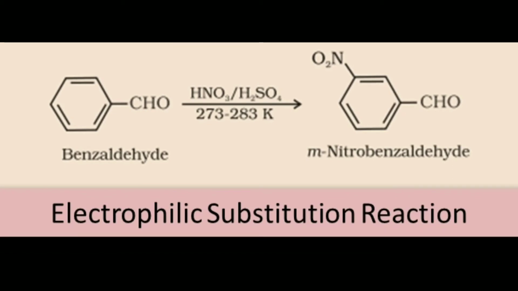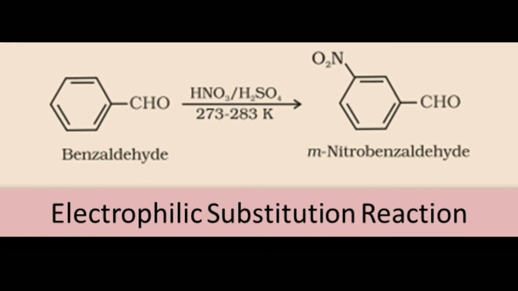Next reaction is the electrophilic substitution reactions. The aromatic aldehydes and ketones undergo electrophilic substitution reactions such as nitration, sulfonation, and halogenation. The aldehydic and ketonic groups are electron withdrawing by inductive as well as resonance effect.